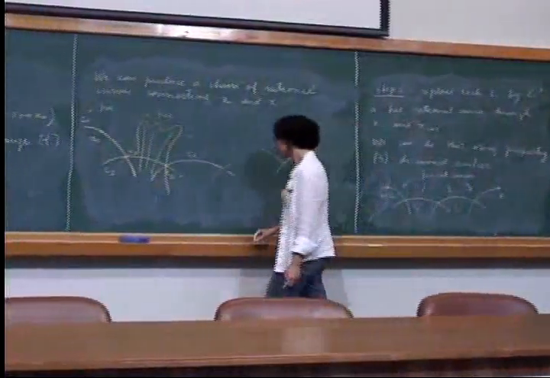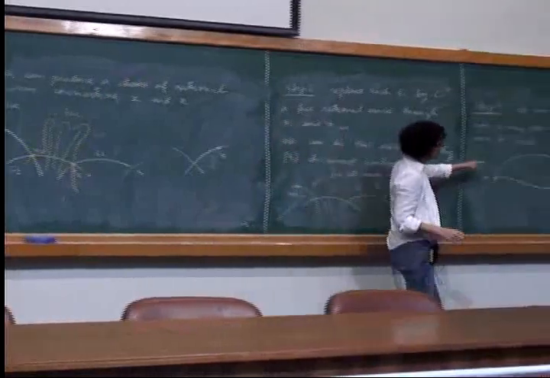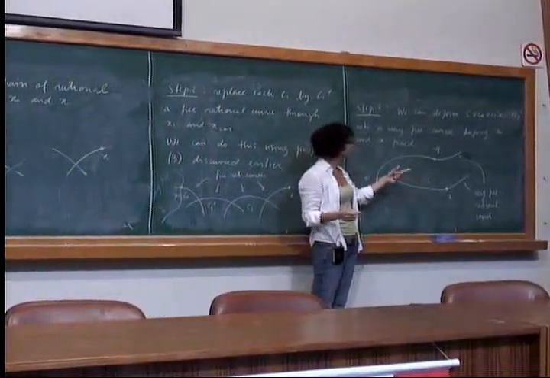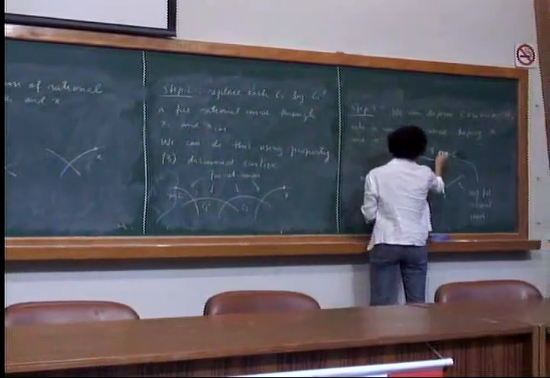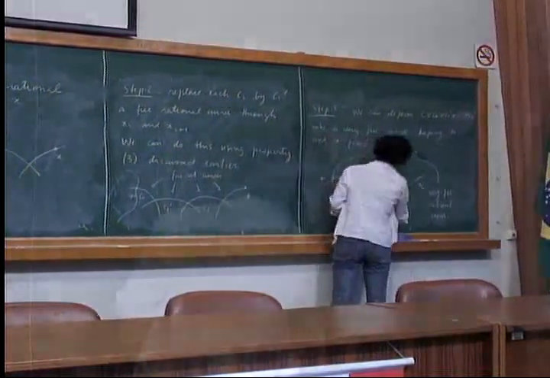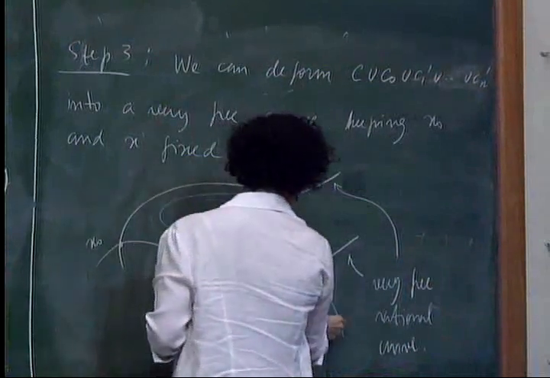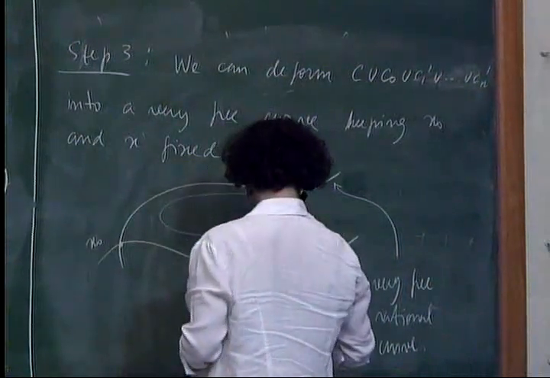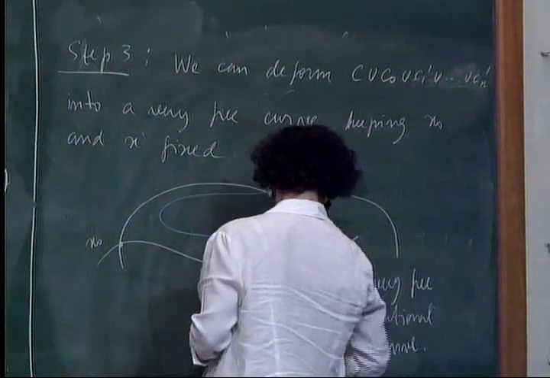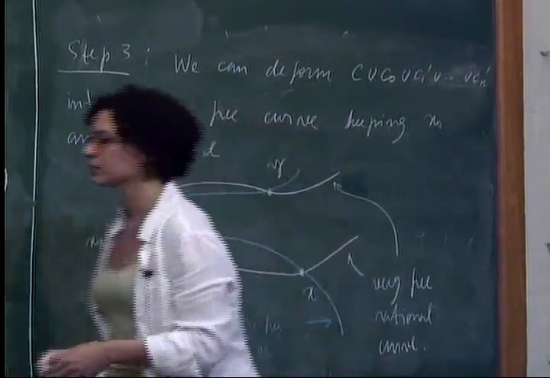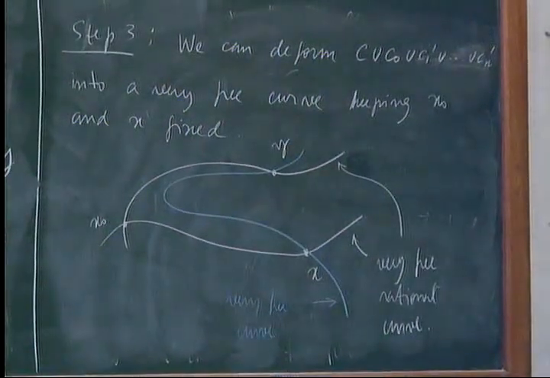But now, I guess this was what I stated as property 2. If I have 2 very free curves, then I am able to deform it into a very free curve, keeping 2 points fixed. So step 4 is to produce this very free curve. Step 4.